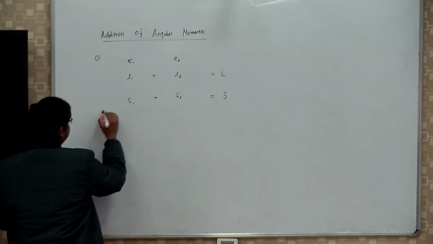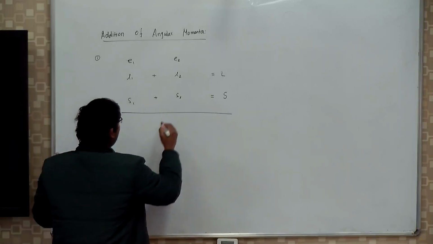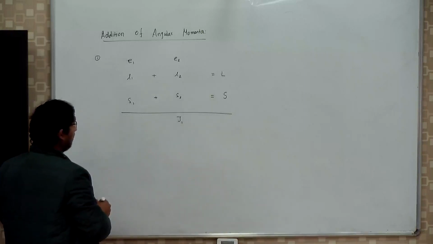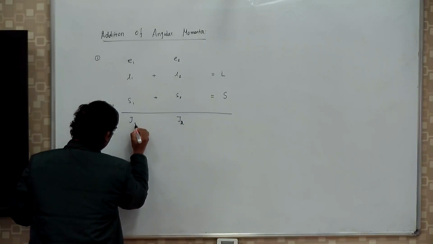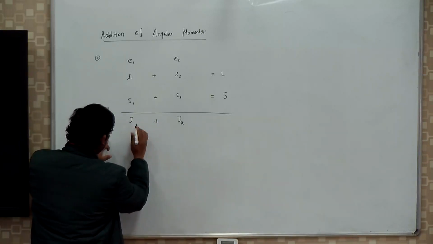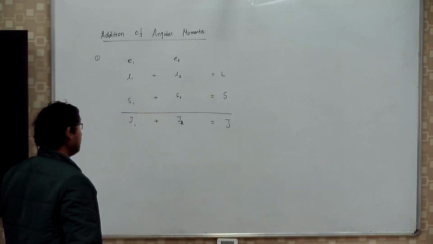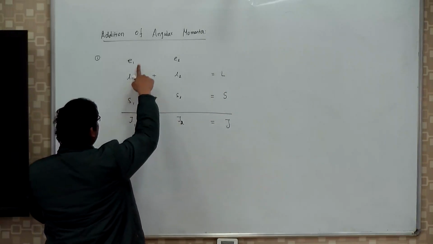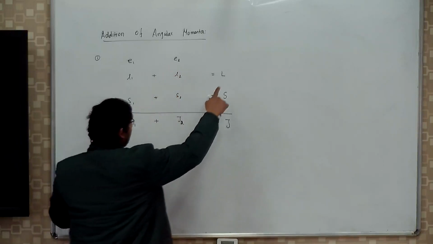And the second way is by adding orbital angular momentum and spin angular momentum, which gives you a total angular momentum J1 and J2, and by coupling these two further, J1 plus J2 will give you the total angular momentum of the particle, J. If we move in this direction horizontally, L1 is the angular momentum for particle 1 and L2 for particle 2, and we get a total angular momentum.